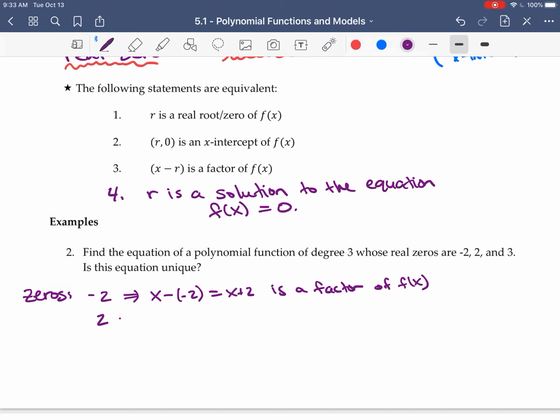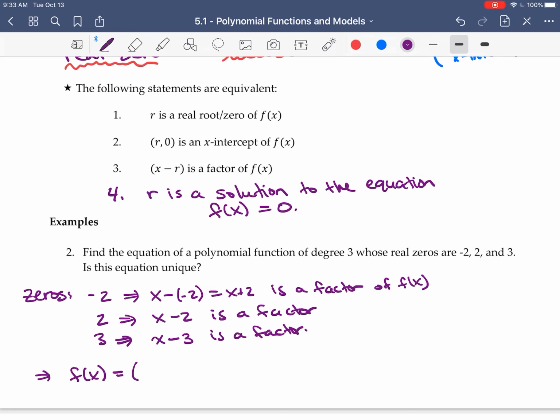Now 2 being a 0 tells me that x minus 2 is a factor. And 3 being a 0, or a root, means that x minus 3 is also a factor. And now that means that f of x has to be these three things multiplied together.